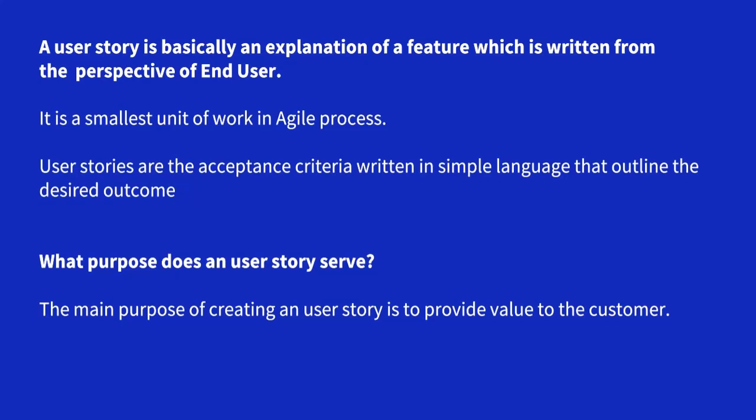So basically what we are trying to tell you here is that a user story is an explanation. It is basically a document. Nowadays we have a lot of tools to document, and one of the best is Jira, where we document all the user stories. A user story is the smallest unit of work which can be used in the agile process.